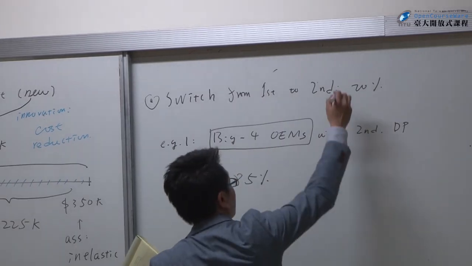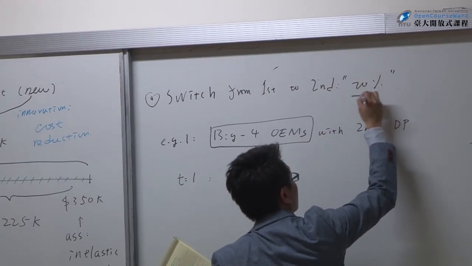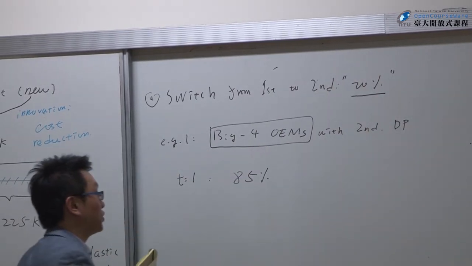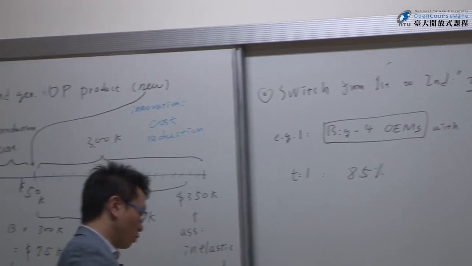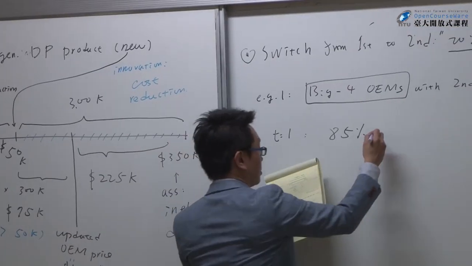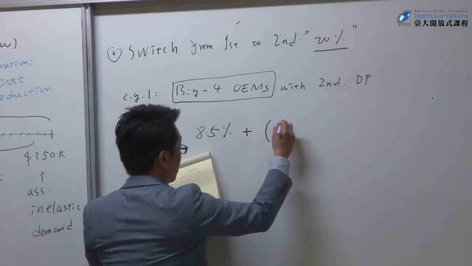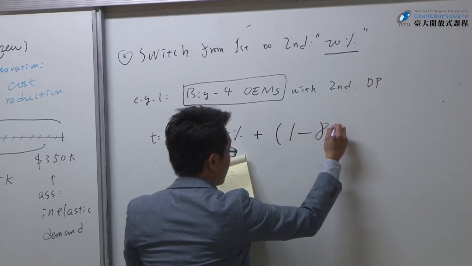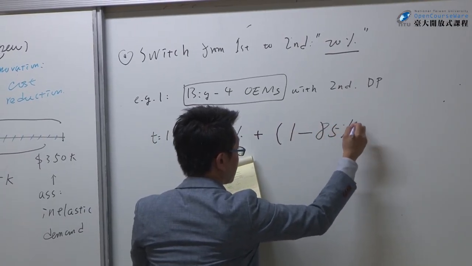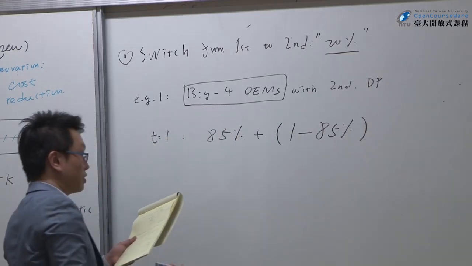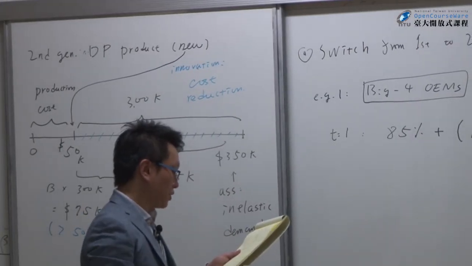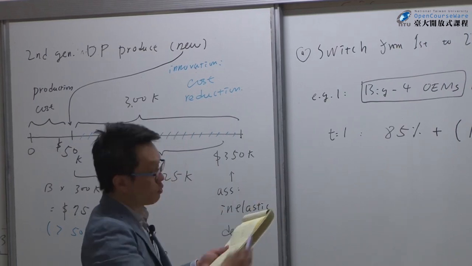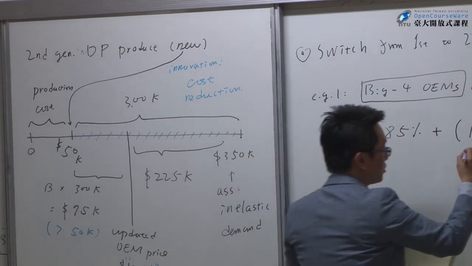And we want to use this switch ratio to consider how many end customers will switch from old product to new product. Now we know we have the rest of 15% of customers. They do not buy the product from the Big Four.